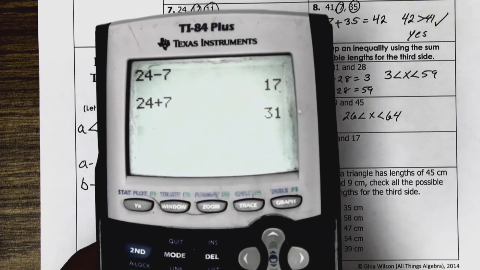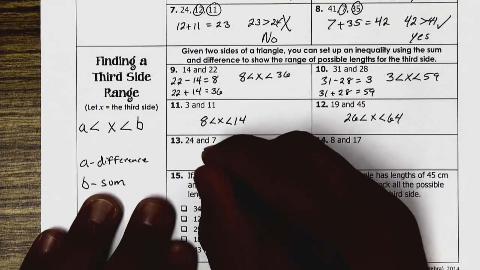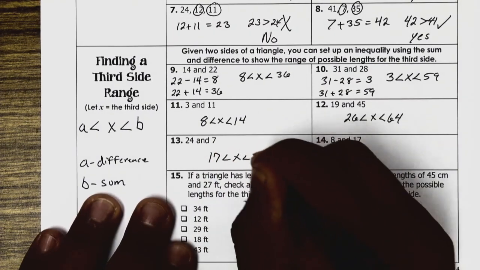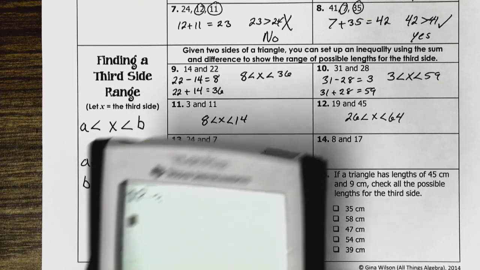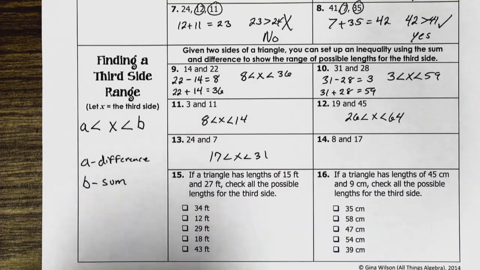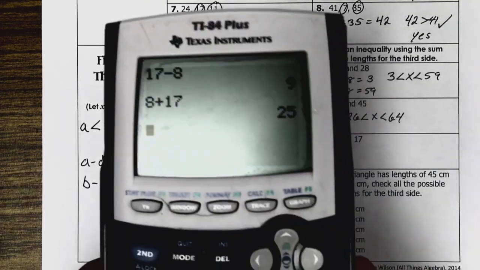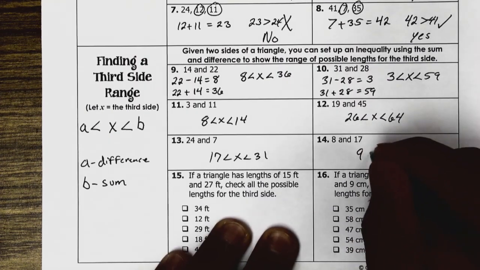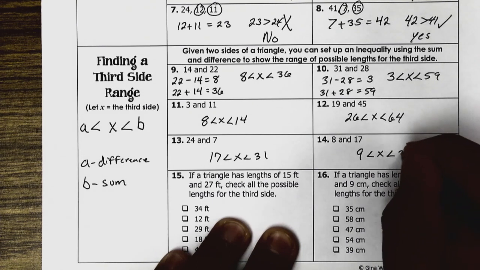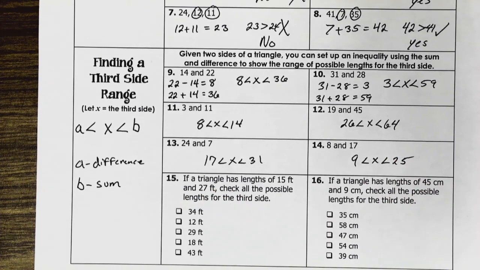So my range is between 17 and 31. Next, 8 and 17, so 17 minus 8 gives me 9. 8 plus 17 gives me 25. So my range is between 9 and 25. Very simple, just simple subtracting and simple adding. That's all we're doing. Whatever numbers you get, the possible values are in between that range of numbers.